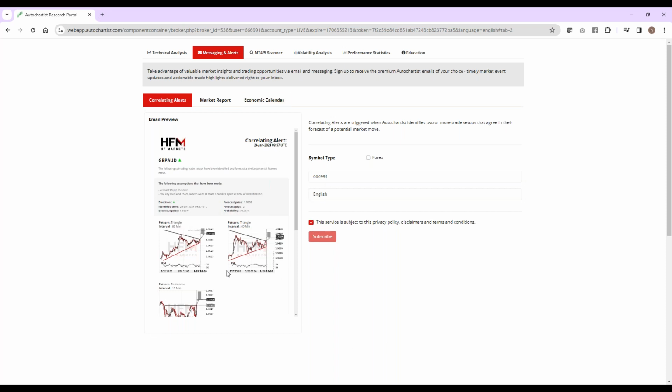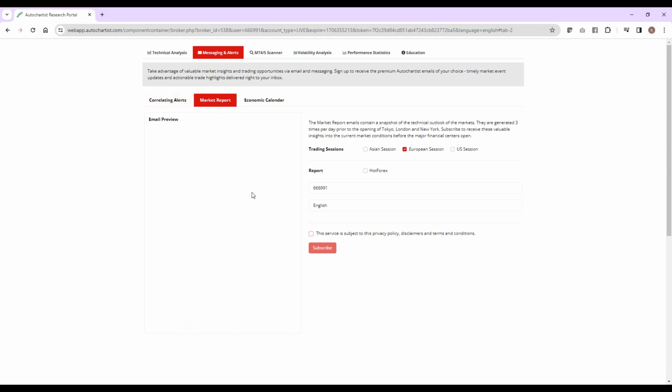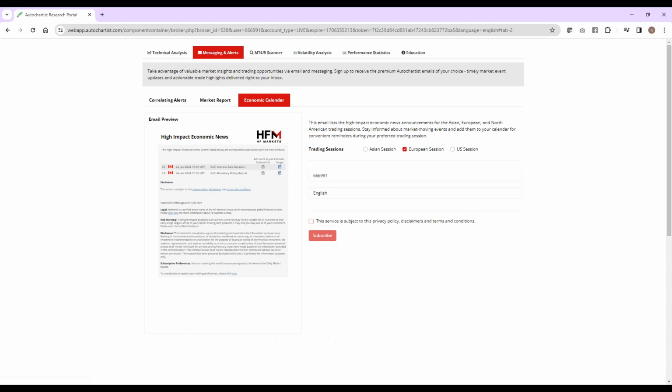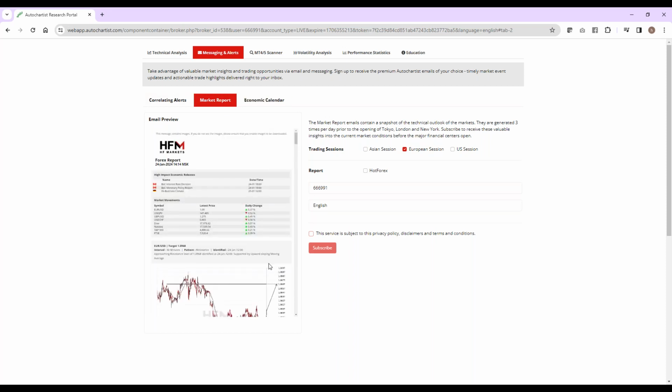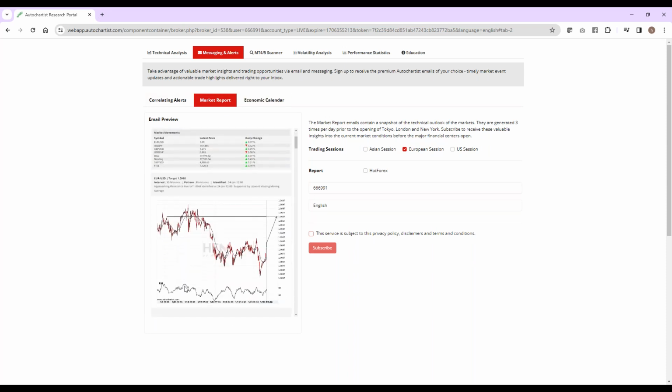There are correlating alerts, market report alerts, and economic calendar alerts as well. You're going to get an email with the high impact economic news, or you can get signals on your email for any trading session that you want.